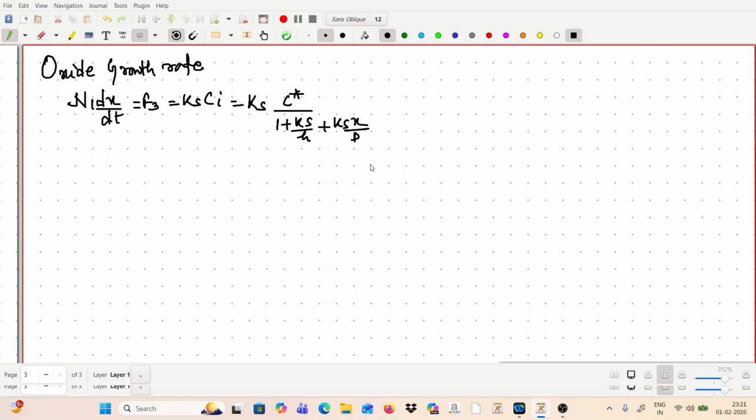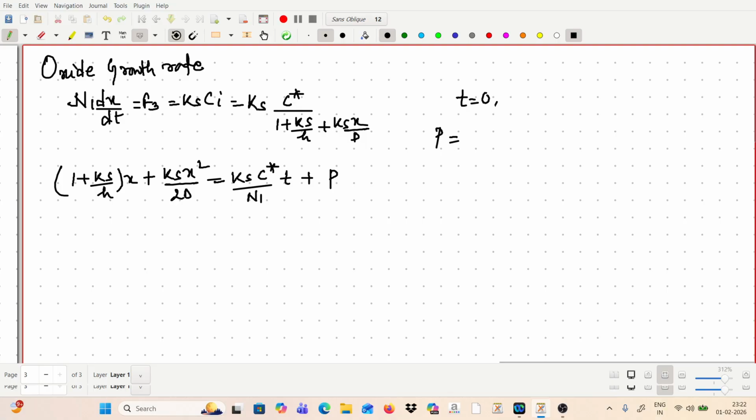After the integration, the final expression in the previous page: ks by h x plus ks x square by 2d equals ks c star by n1 into t plus some integration constant p. That constant we found for t equals 0, when the oxide thickness is xi.